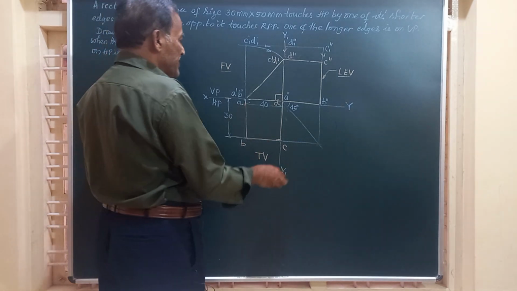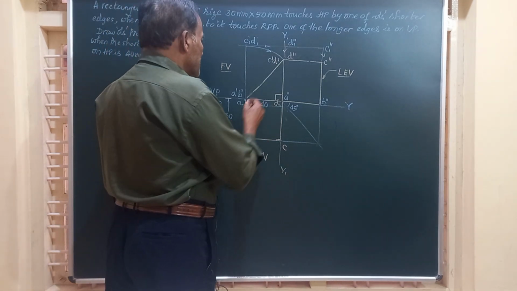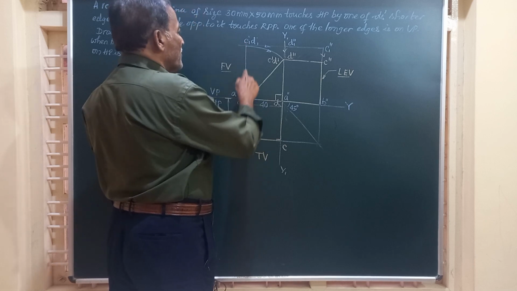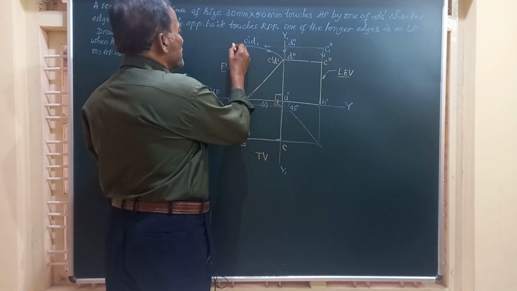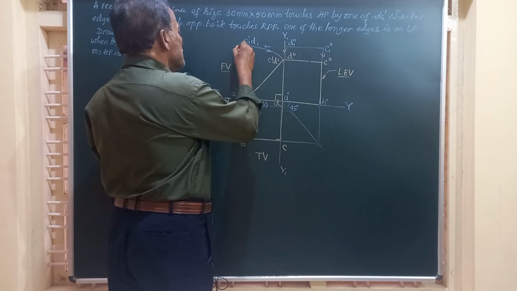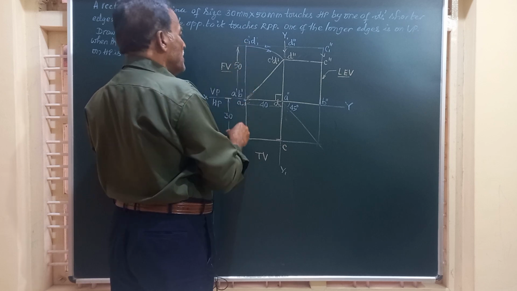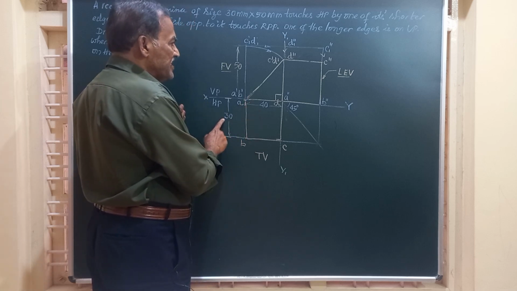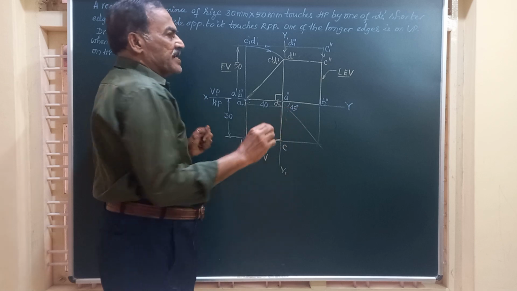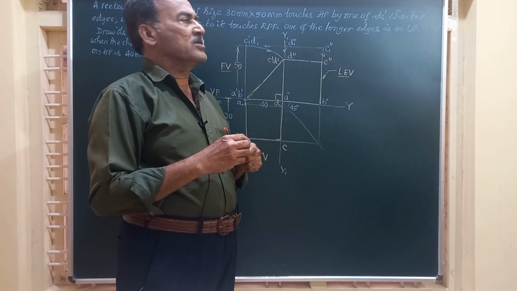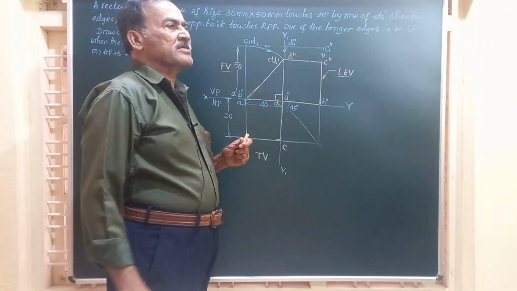So we have drawn the front view, a line of height 50 millimeter. And in the top view it is going to be of dimension 30. In the end view, you see a rectangle. You have to visualize slowly. So, this is the initial position, friends.